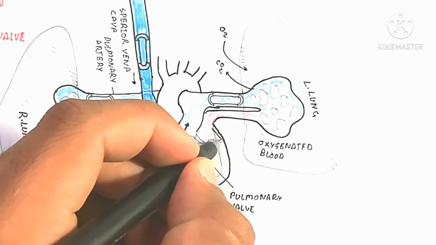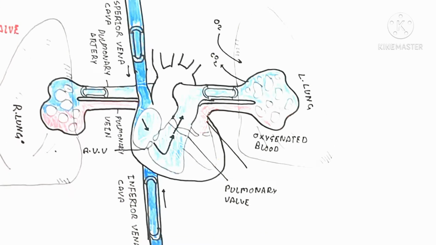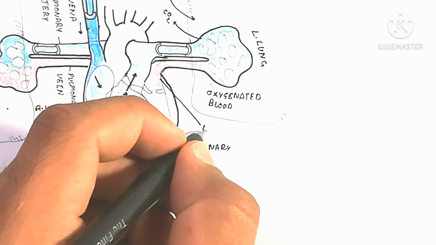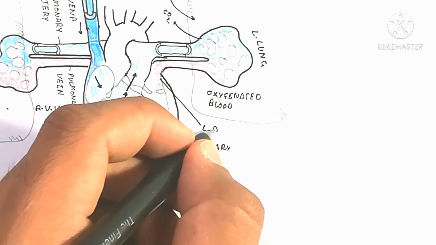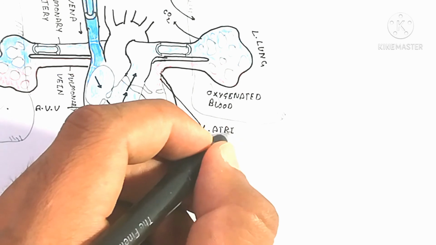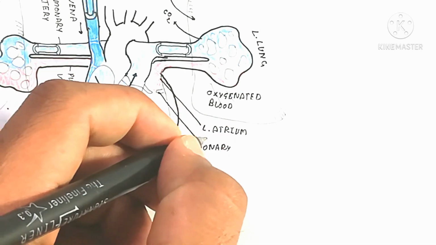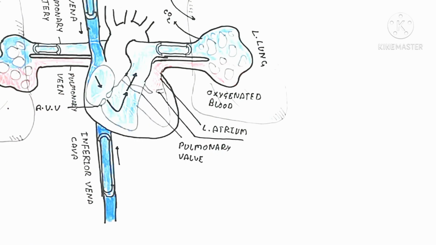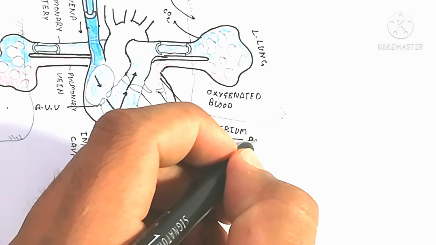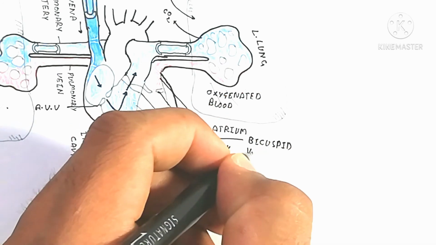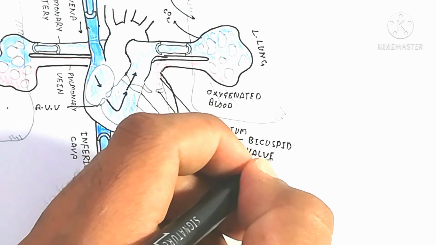Only the pulmonary vein contains oxygenated blood, but the rest of the body's veins contain deoxygenated blood. So the vein contains deoxygenated blood, but here it is just the opposite. The left atrium will receive the blood, and it goes into the left ventricle.